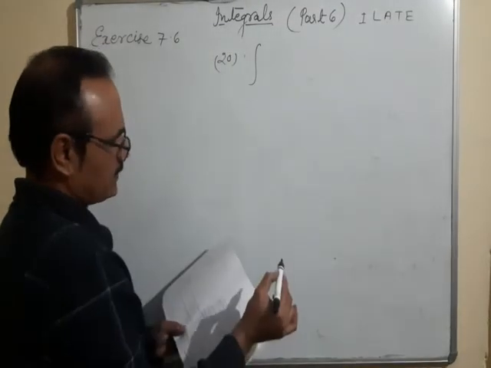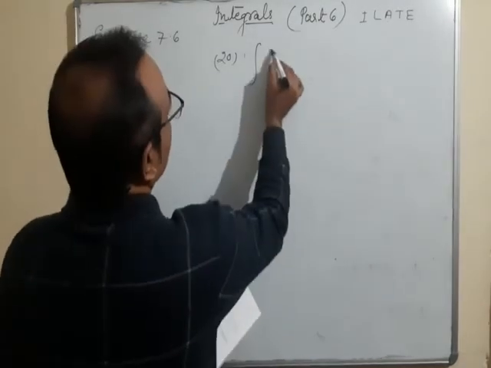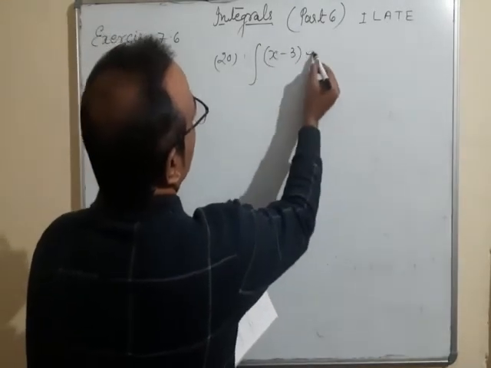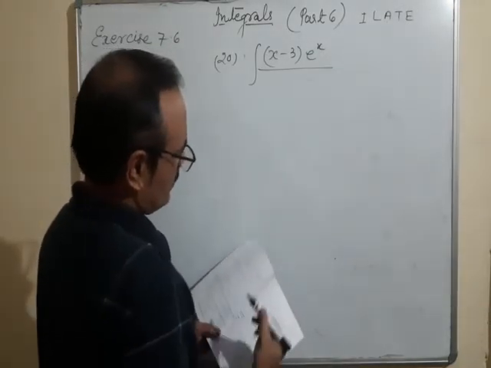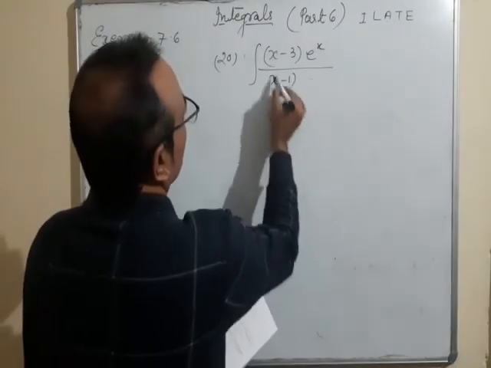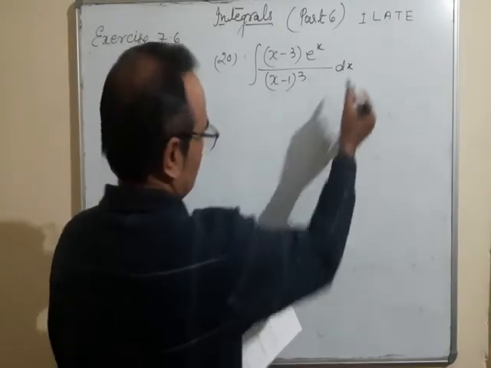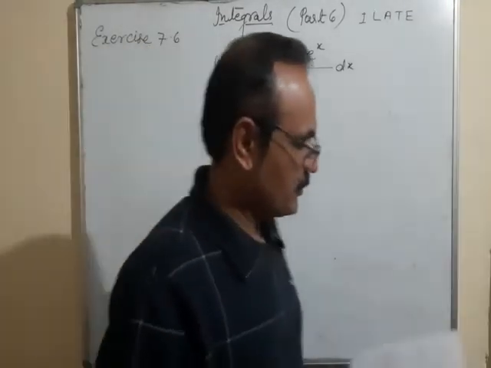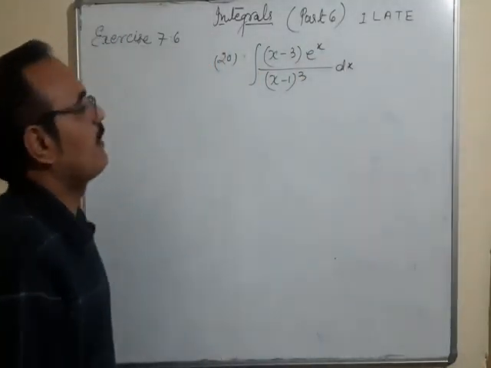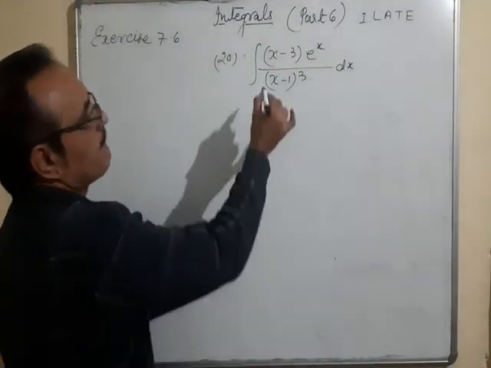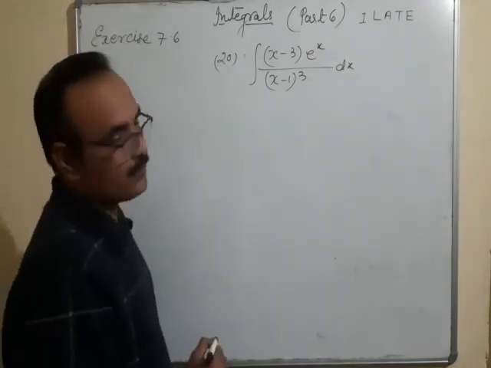e to the power x, (x minus 3) upon (x minus 1) whole cube, dx. So x minus 3 into e to the power x over x minus 1 whole cube. Try to convert it into the form of this.